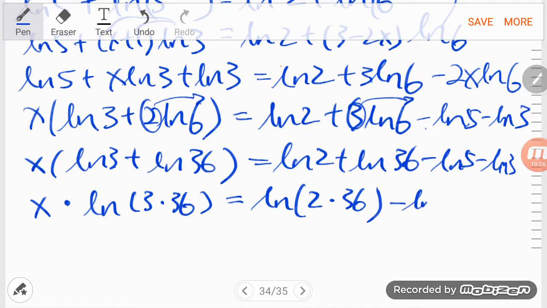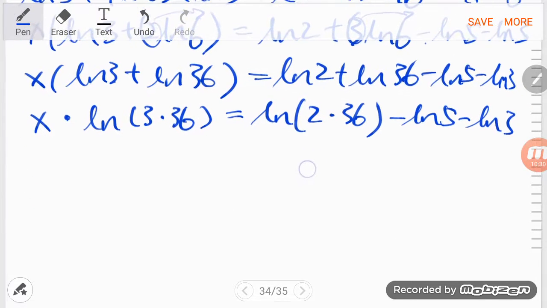So x times ln of 108 is equal to, so that becomes division, minus ln 3, right?